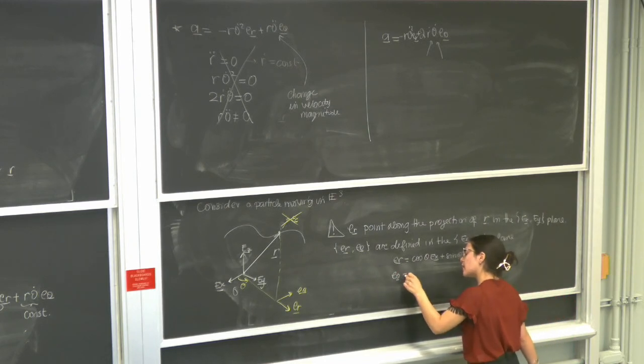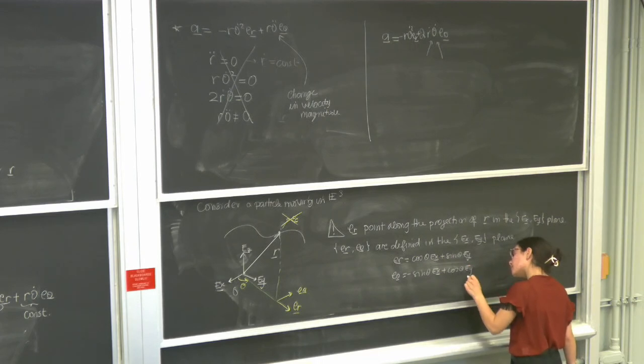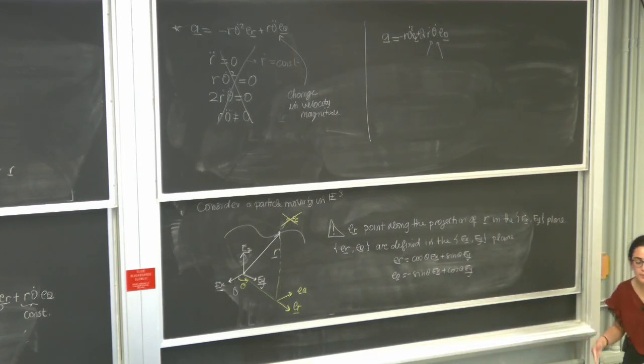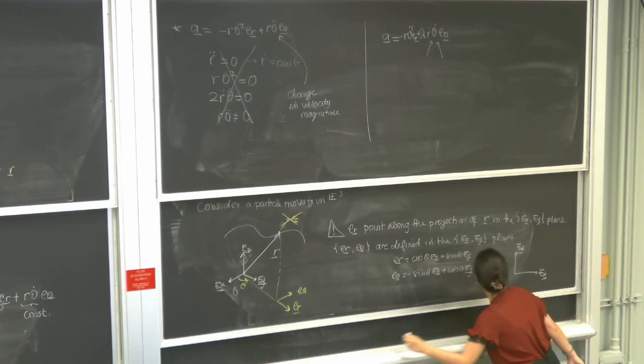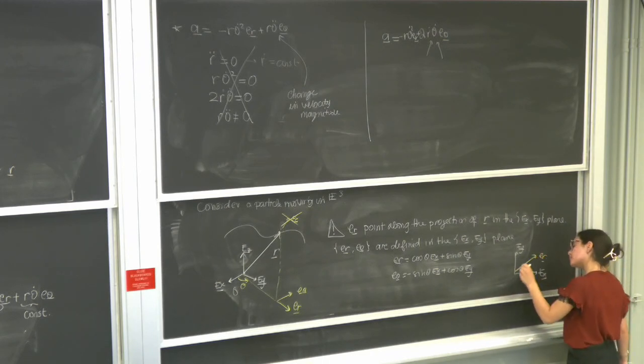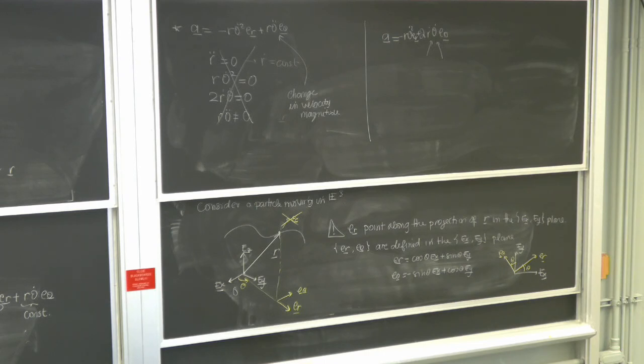And E theta is minus sine theta EX plus cosine theta EY. So again, if I look in the XY plane, I have EX, EY, and ER, E theta, and ER, E theta are a rotation of EX, EY by an angle theta. Okay? But I'll give you a minute.